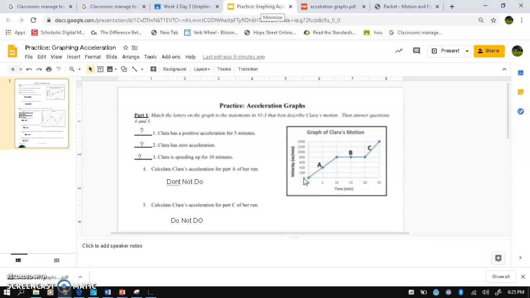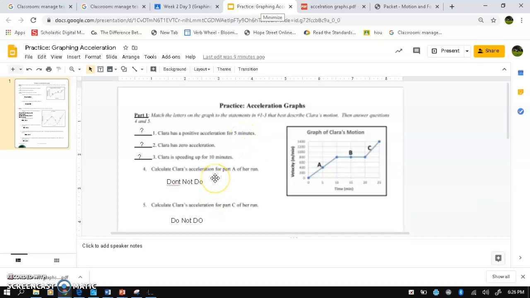Okay? And you guys know what I'm talking about with that. So you're going to look, is the slope increasing or decreasing? And you're going to look at your durations of times. That's going to help you. So these are increments of 5. Okay. So look at that. Positive acceleration for 5 minutes. So there's 2 ways to solve number 1.